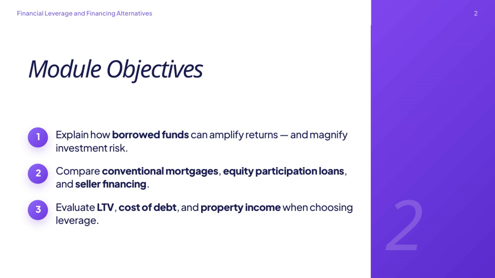Each has its own advantages and considerations, and understanding these will help you make informed decisions. Finally, we'll look into key factors like loan-to-value ratios, the cost of debt, and the income generated by the property itself. Evaluating these elements carefully is crucial when deciding how much leverage to use in your investment strategy.